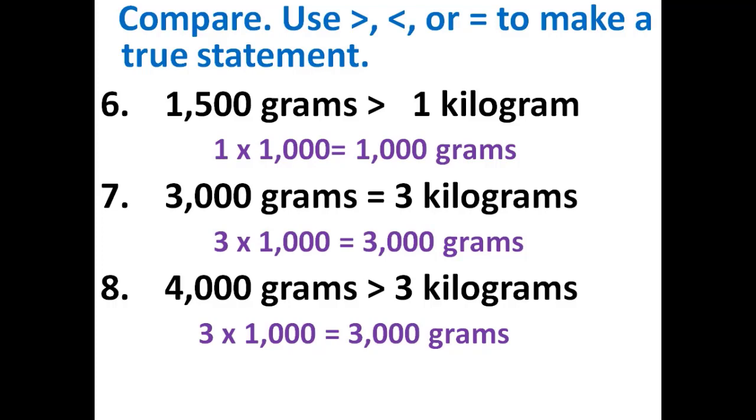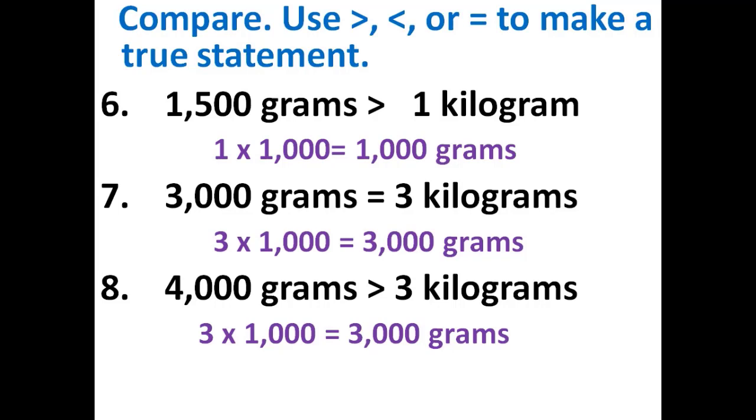In number 8, one side is 4000 grams, other side is 3 kilograms. We will convert 3 kilograms into grams and then we will decide about the sign from the given options. 3 kilogram is equal to, you know well that we have to multiply by 1000.